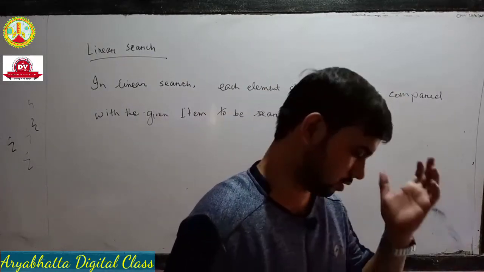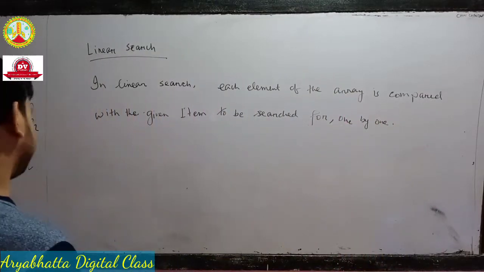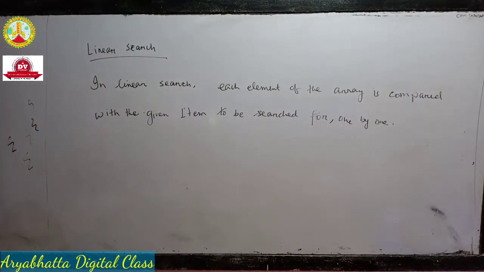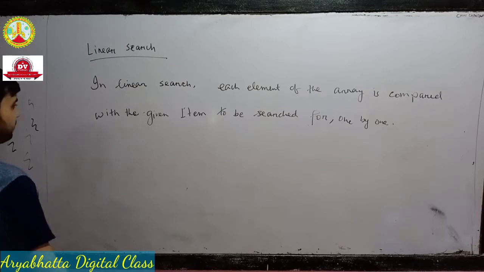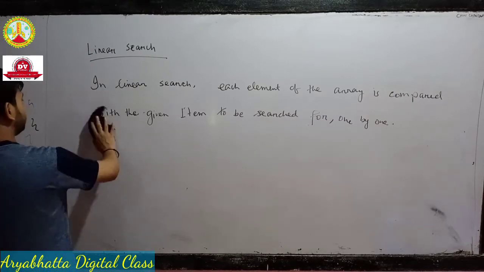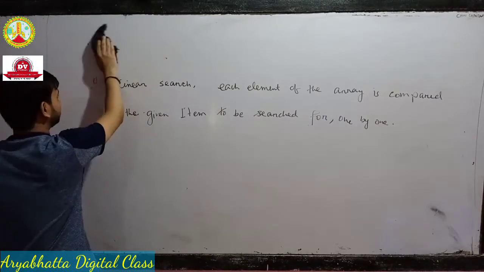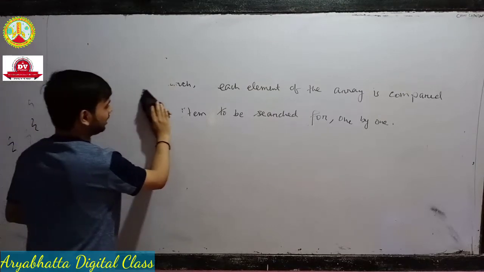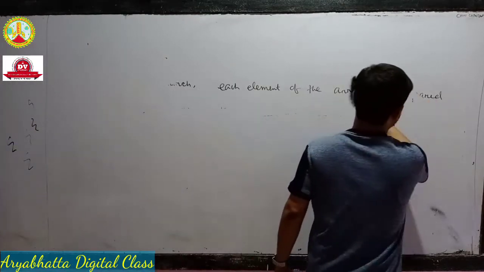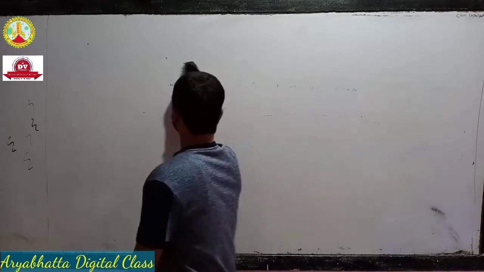I will show you how it will operate. You will easily understand. Okay, this is the basic definition. Now we have to find the algorithm. Okay, what is an algorithm? This is an important concept.